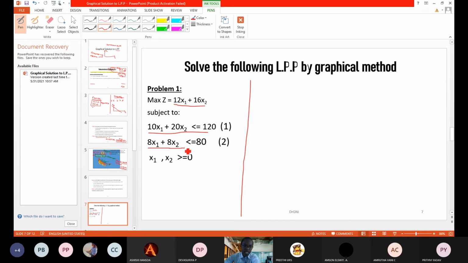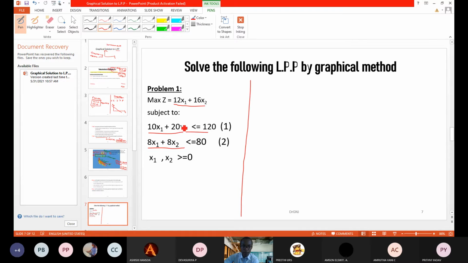The second constraint is 8x1 plus 8x2, which is less than or equal to 80. And the decision variables x1 and x2 should be positive values, no negatives. Now the question is, solve the following LPP by the graphical method.